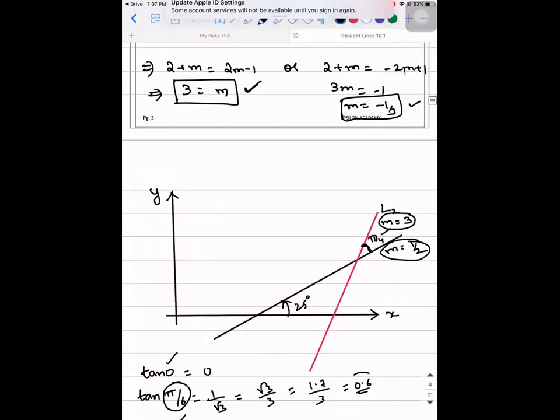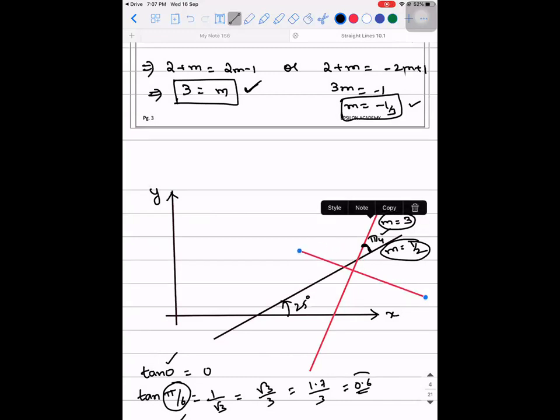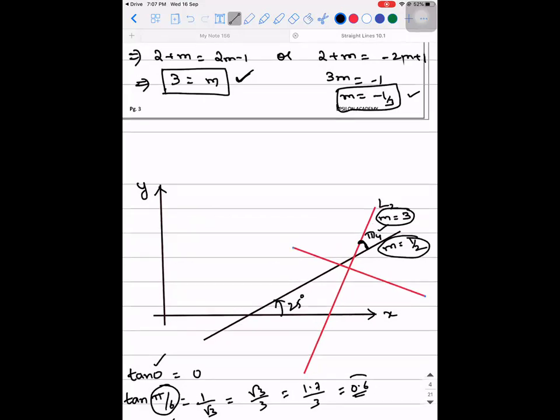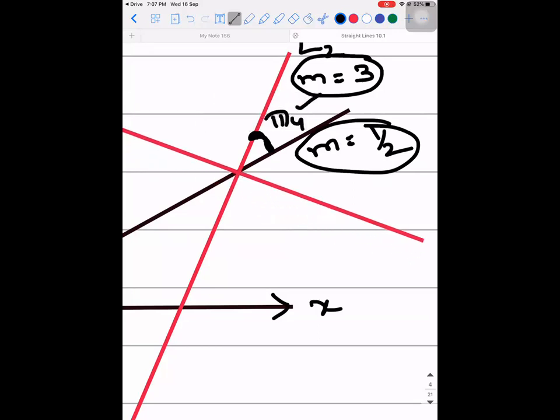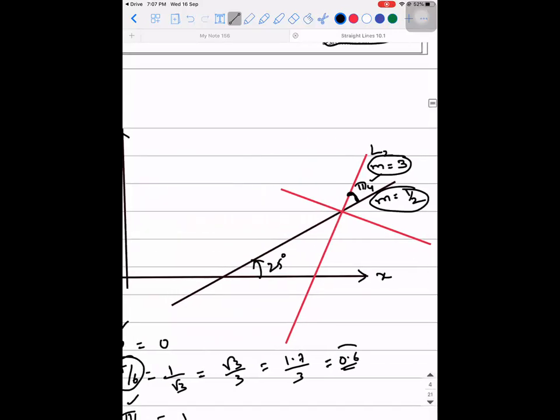Then the other line which can make the same angle pi by 4 with this could have been, wait, I'll use another color.